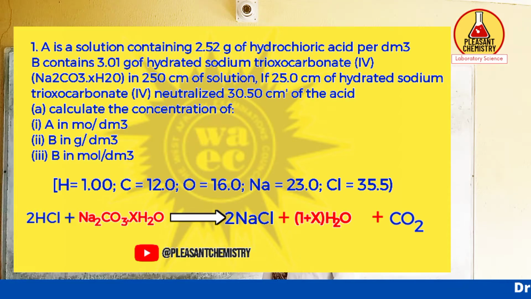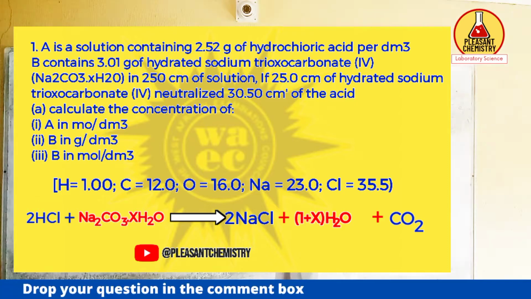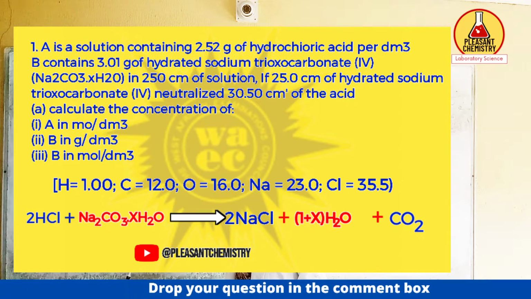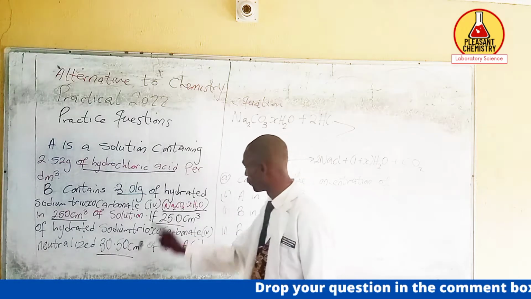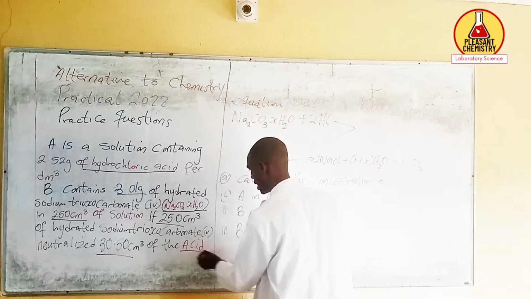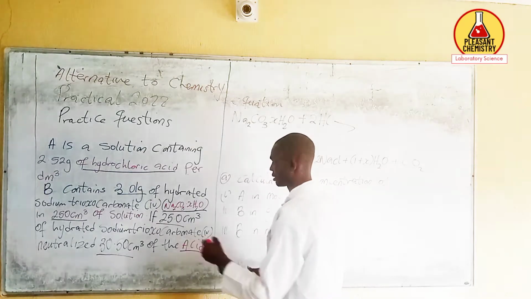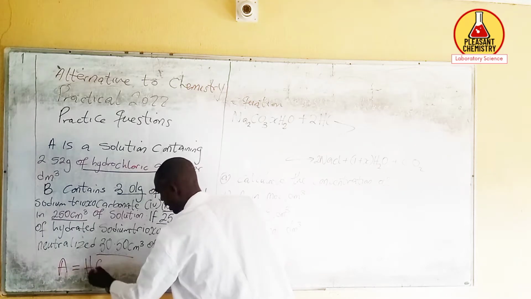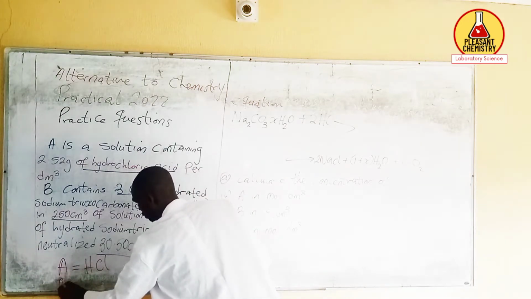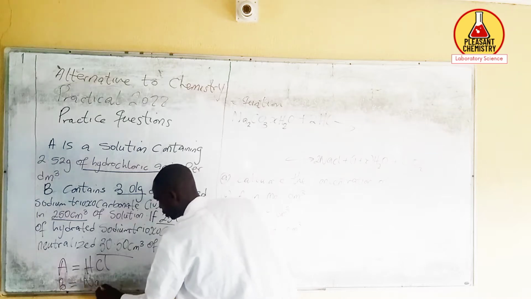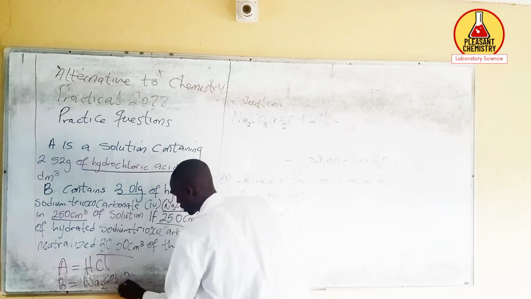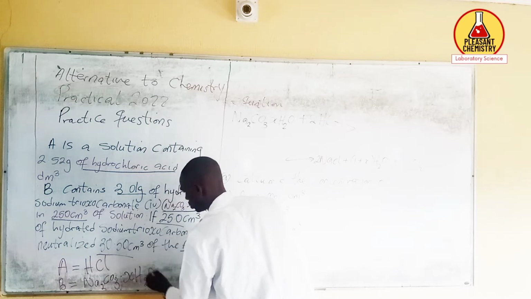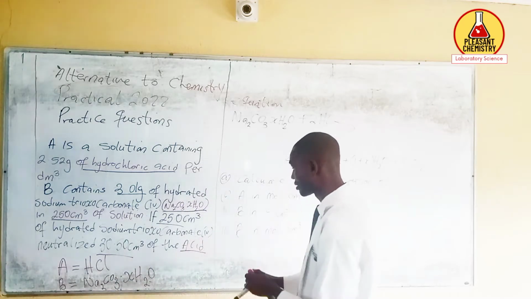I said 25.0 cm cube is the volume of the base, while 30.50 cm cube is the volume of the acid. And what is our acid? Our A is hydrochloric acid, while our B is sodium trioxocarbonate(IV). Sodium trioxocarbonate(IV) with X water is a hydrated salt.